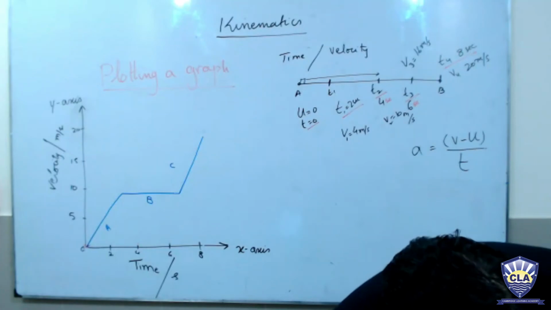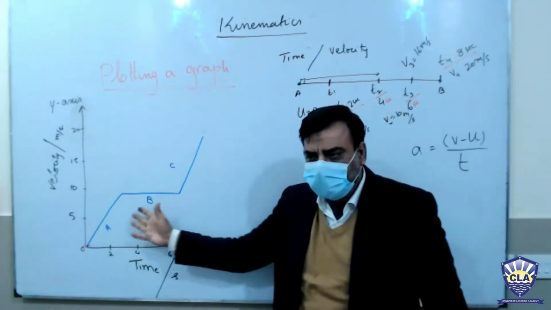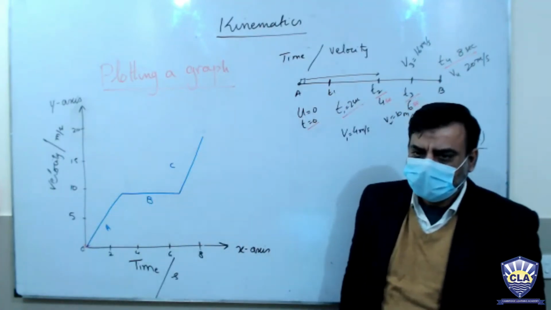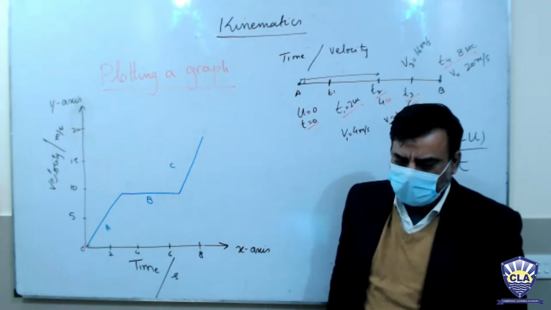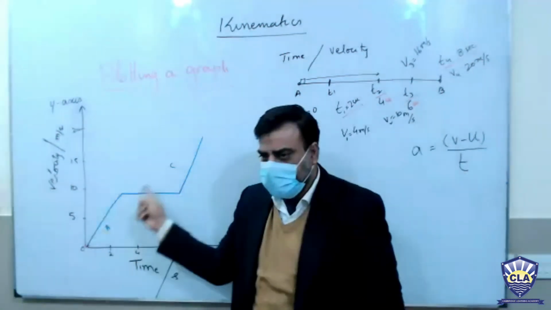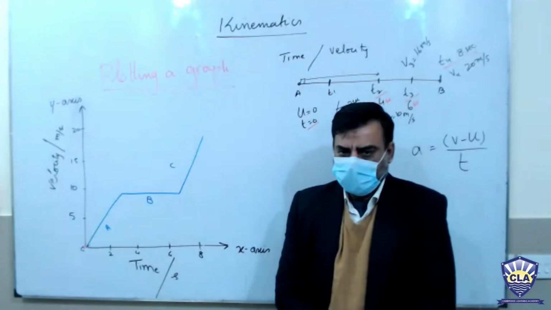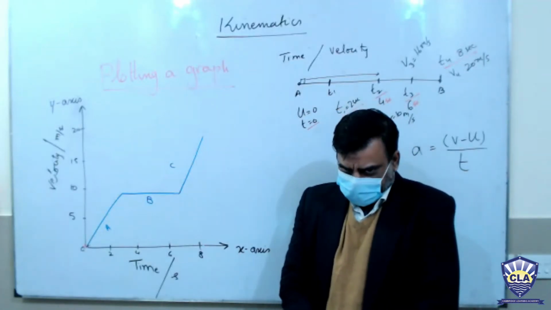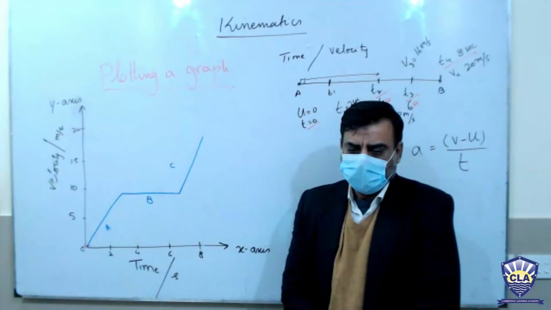All right. Can you read this graph? All right, good, great. What's happening at stage A? Uniform acceleration is happening. All right.